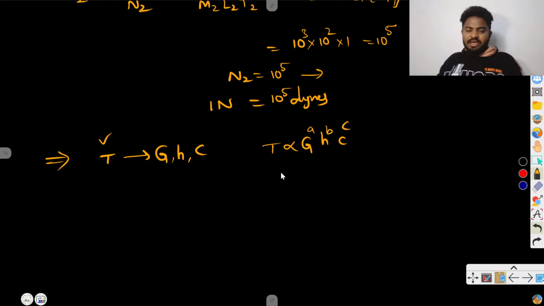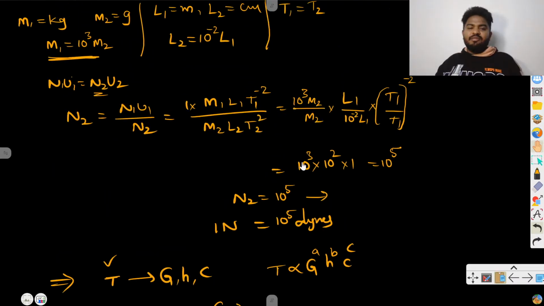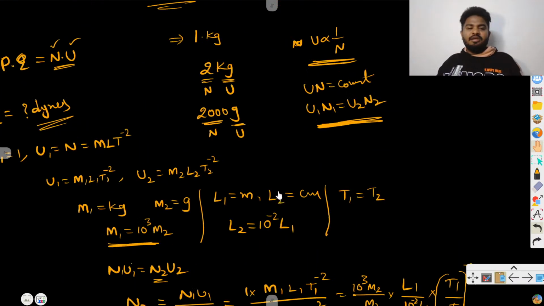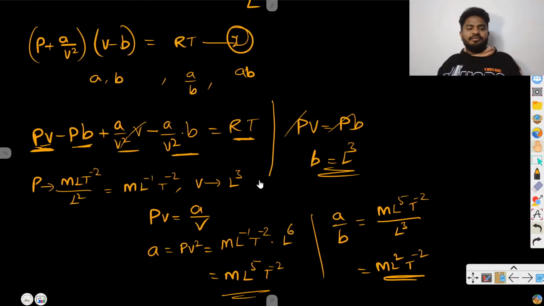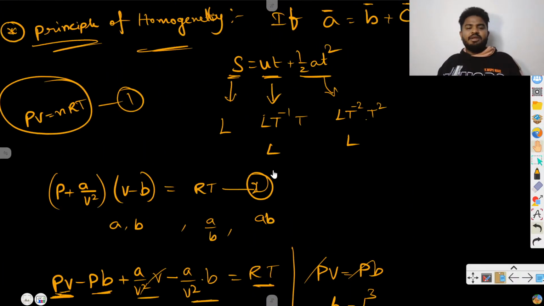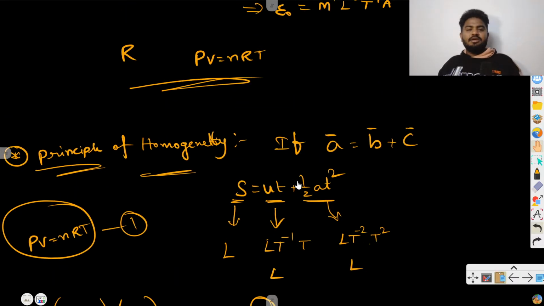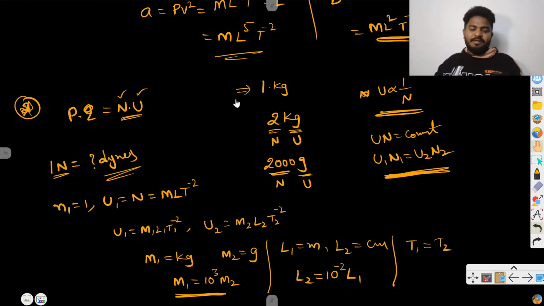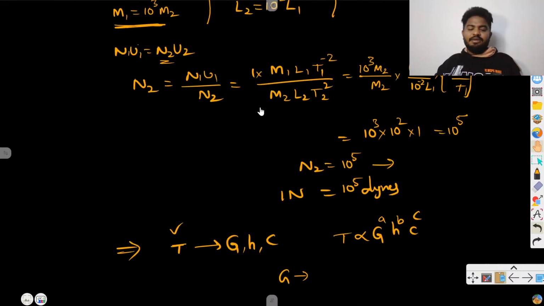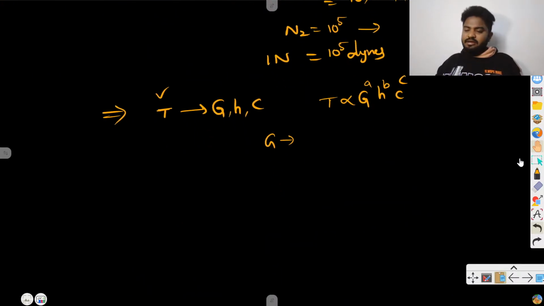So now here, just before we derive it, what is the unit formula, I mean the dimensional formula, for G? Instead of searching for it, we can derive this again. Let me derive it once again here.